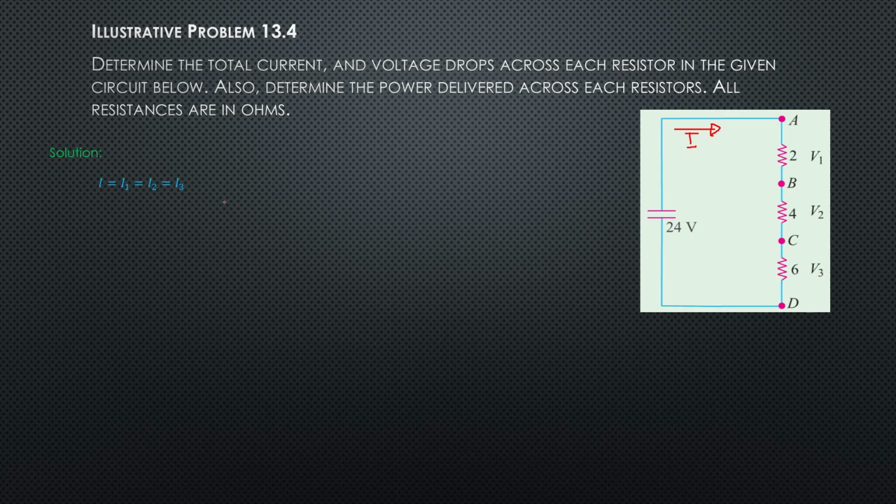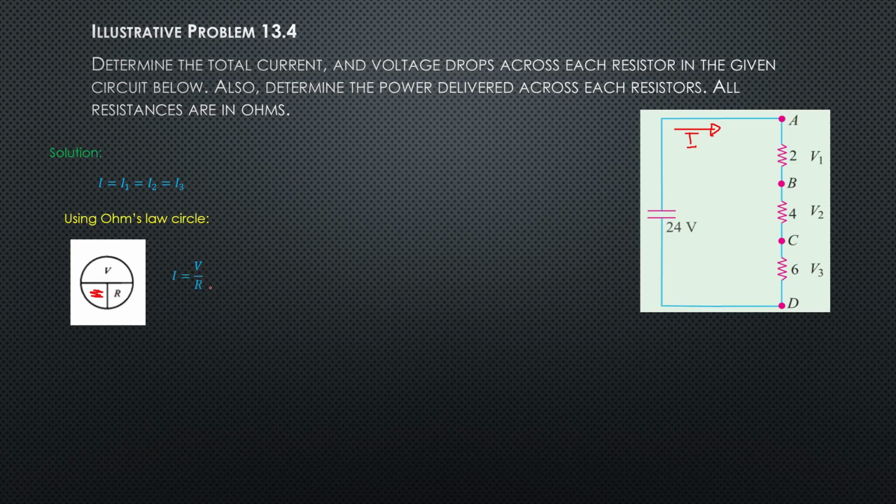This is one of the characteristics of the series connection circuit. So using the Ohm's law circle, given our resistances and voltage, you can solve for I. If I cover I, that gives me V all over R.